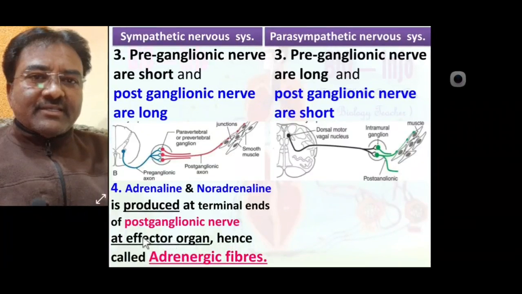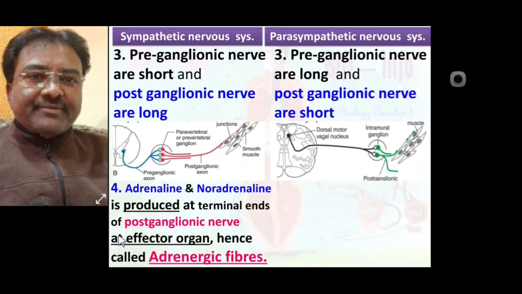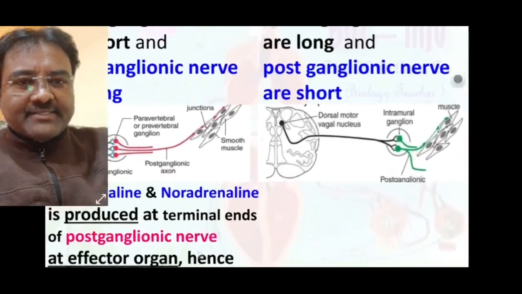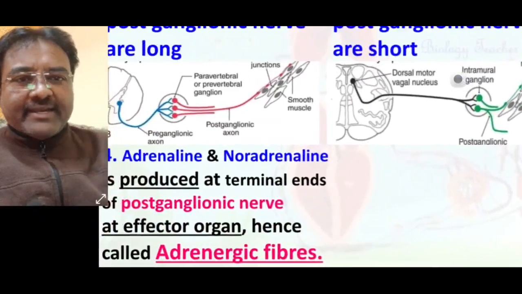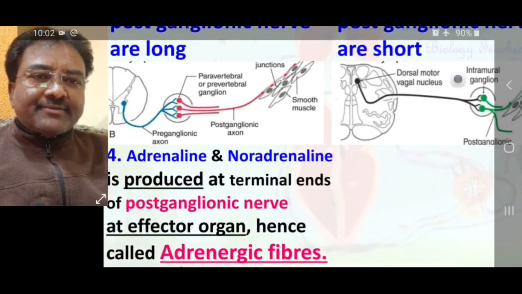Such adrenaline and noradrenaline chemicals act at the effector organ. Hence, this postganglionic nerve is called an adrenergic fiber.